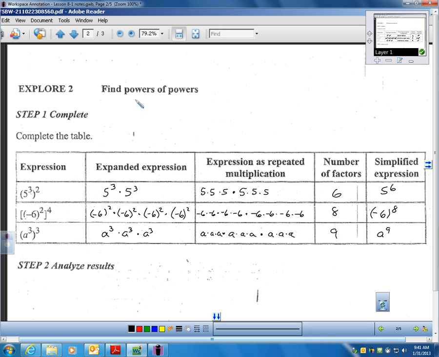You probably already figured out what to do to figure out a power of a power. Okay? Based on this, it looks to me like if I just multiply these exponents each time, if I have power to power, just multiply the exponents. 3 times 2 is 6, 2 times 4 is 8, 3 times 3 is 9. I'm sure you picked up on that. So when you have powers of powers, just multiply the exponents.